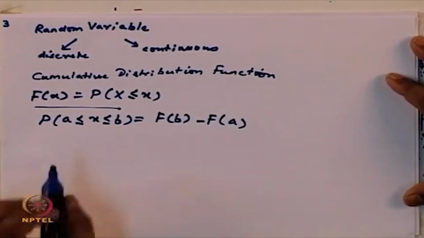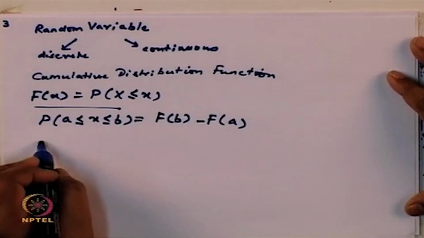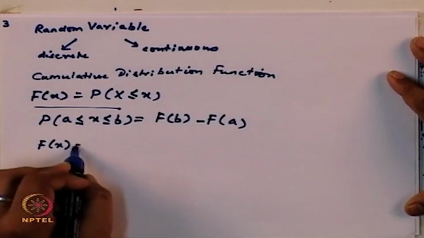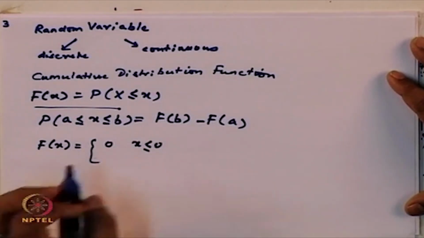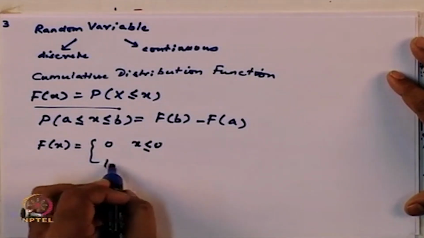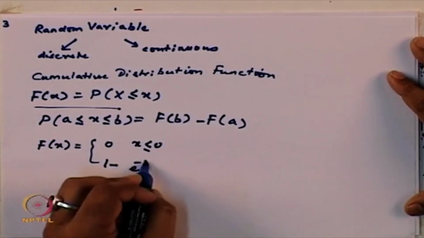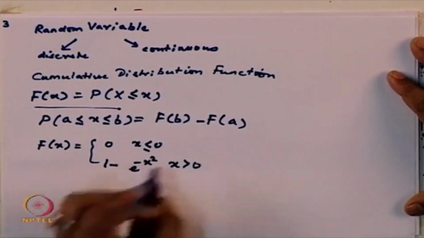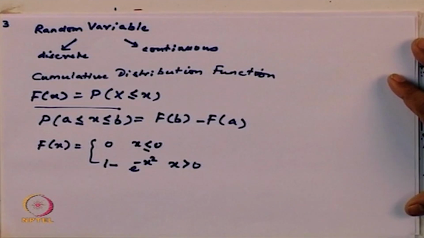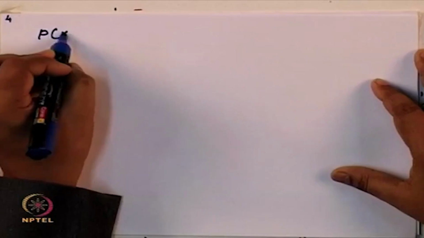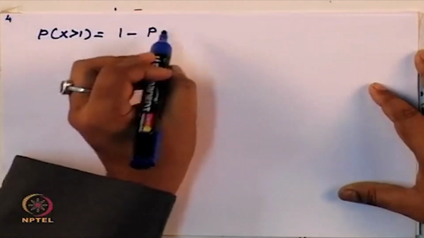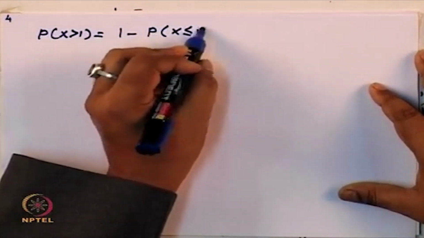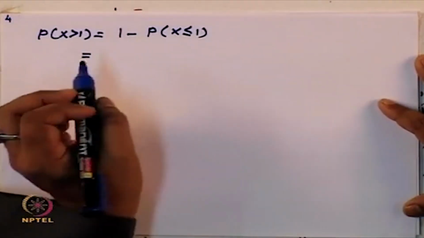Okay. So, let us take a simple case. Imagine I define F of x as follows. Greater than 1, 1 minus probability x less than or equal to 1. Okay.